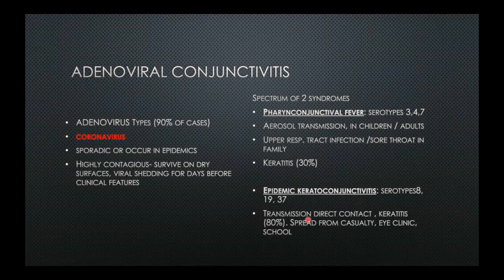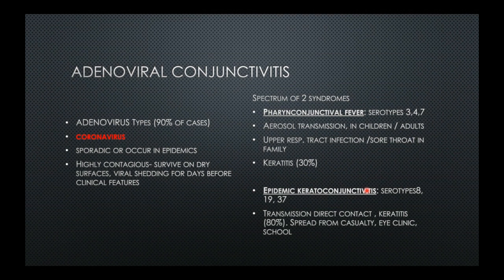All right. So in the case of the epidemic keratoconjunctivitis, it's a conjunctivitis where you have signs in the conjunctiva and you can have signs on the cornea as well. It's spread by direct contact, and 80% of these cases will have corneal involvement, hence the name keratoconjunctivitis, okay?